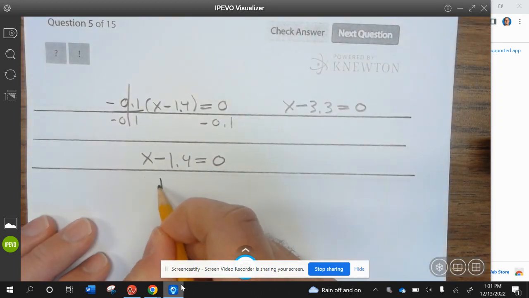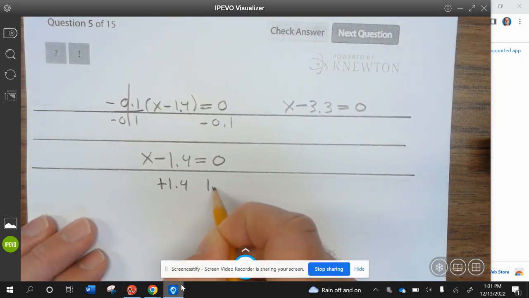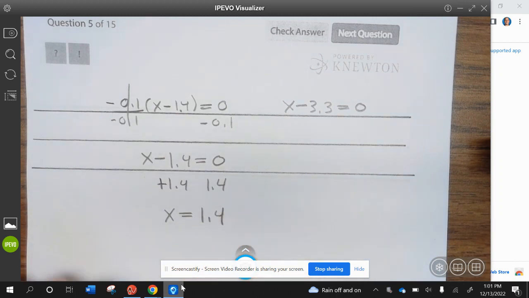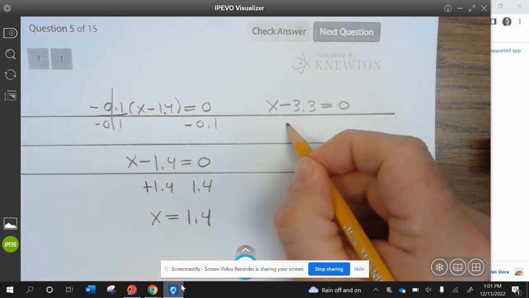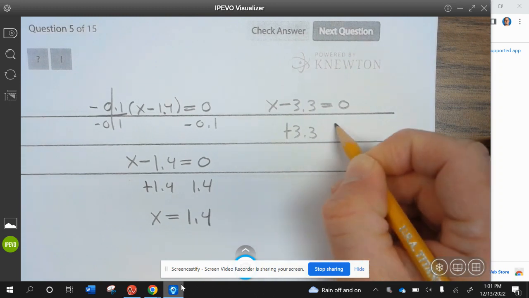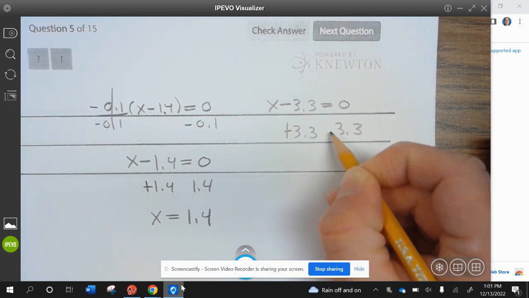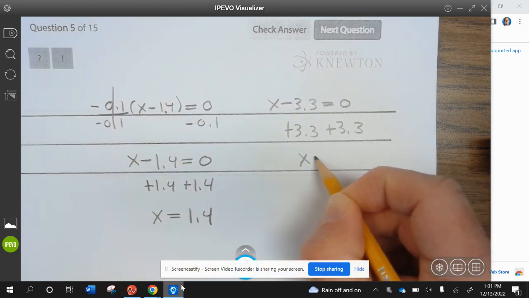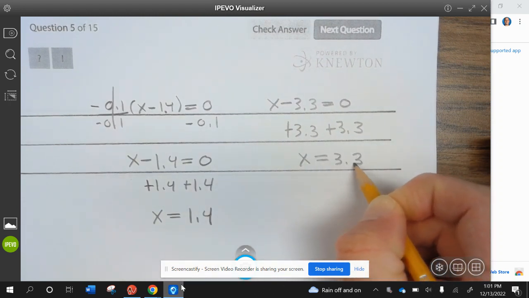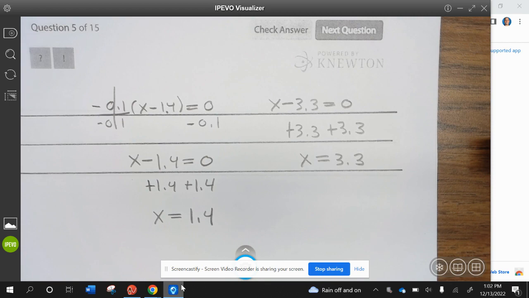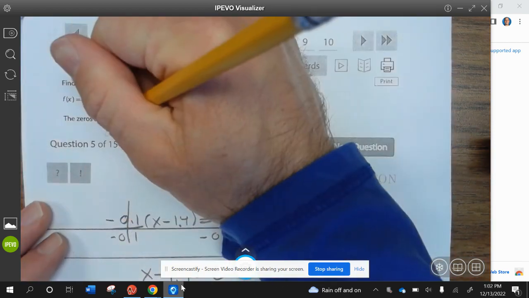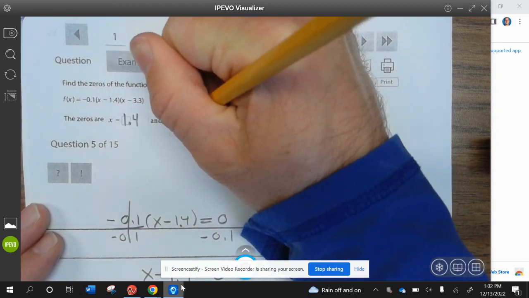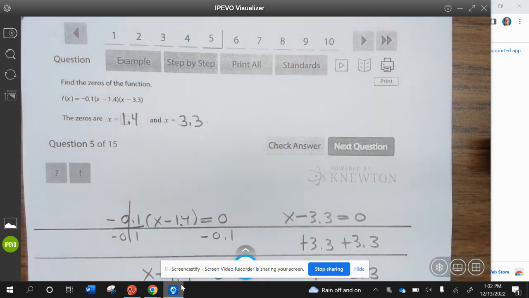And then you add 1.4 to both sides. So x equals 1.4. All right, here you just have to add 3.3 to both sides. And x equals 3.3. All right, so x equals 1.4 and 3.3.